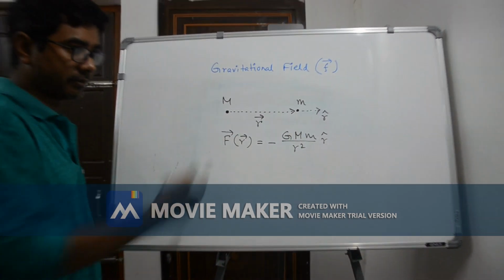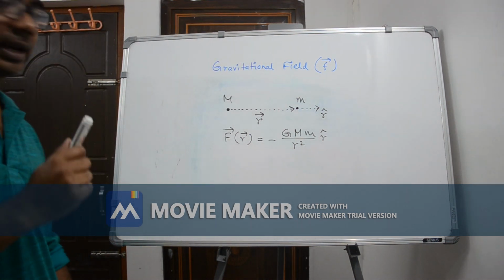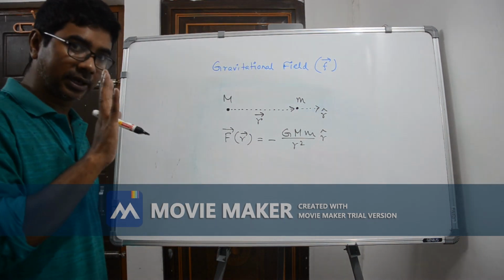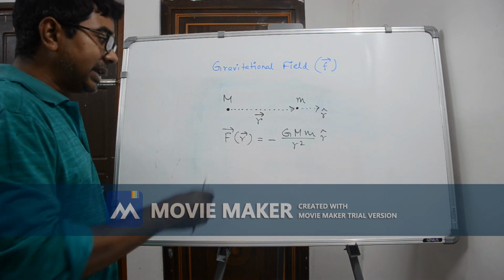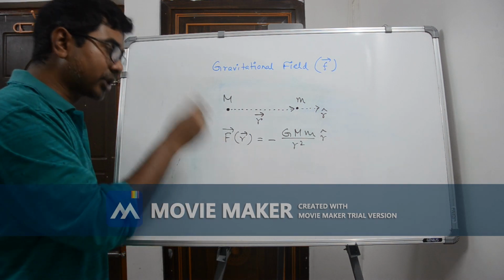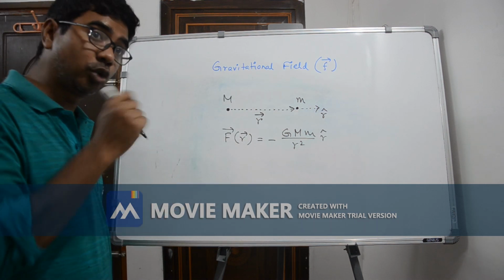I have rewritten that. Now the question is, what is the gravitational field? The gravitational field is defined in a very simple way. It's the same thing as the force of attraction, but just when the test mass is considered to be a unit mass.